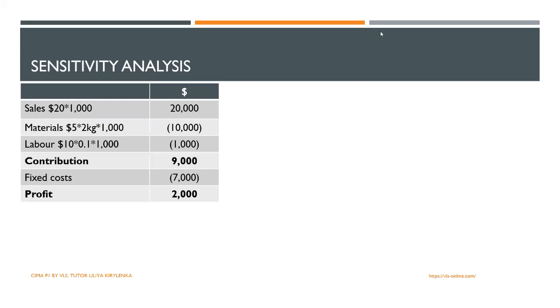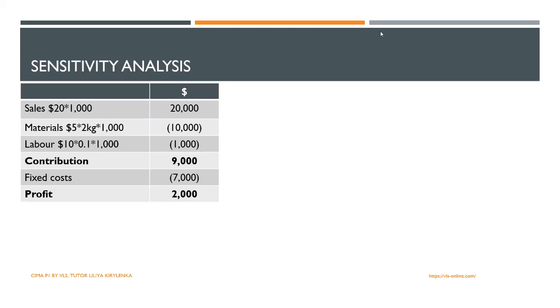It's budgeting its profit: sales are going to be $20,000, materials 10,000, labor 1,000, which gives us a contribution of 9,000, and fixed costs are going to be 7,000, which gives a profit of 2,000. It looks quite good, and the profit margin is quite high, 2,000 divided by 20,000.